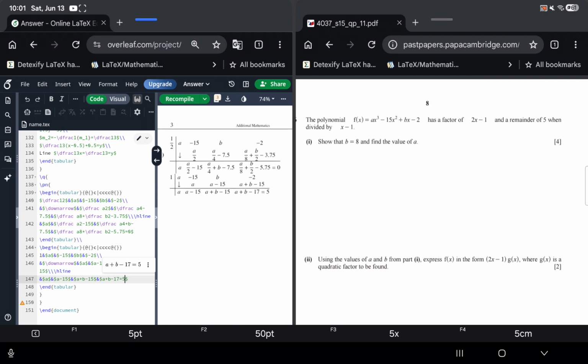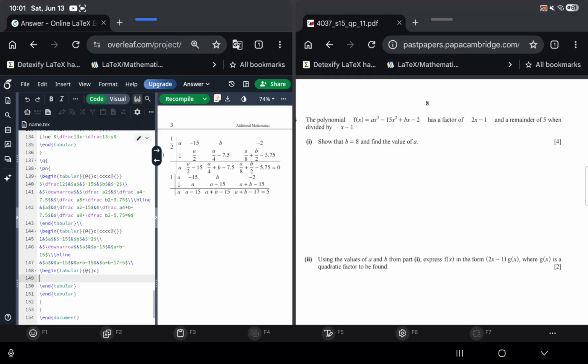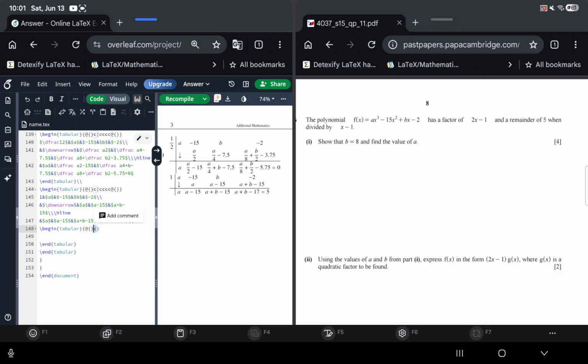Now that we know that, we can set up two equations, where I'm just not going to make them pretty.